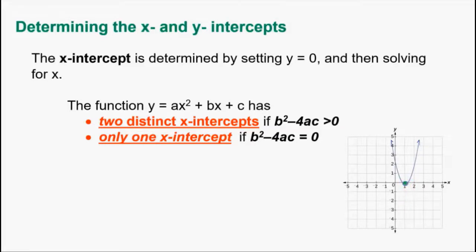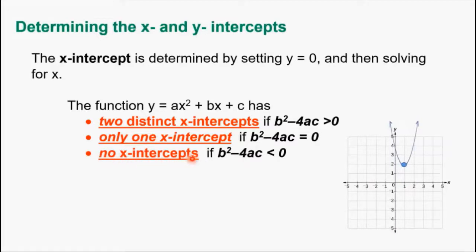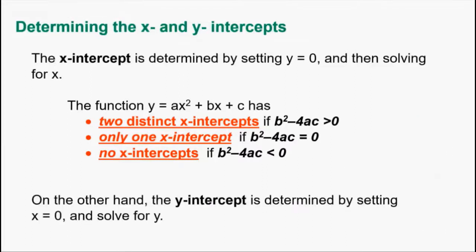It has no x-intercept if b squared minus 4ac is less than 0 o kapag ang discriminant ay negative. Dito sa graph, walang nag-pass through or tumawid dito sa x-axis. Nakaangat ang ating parabola. On the other hand, the y-intercept is determined by setting x is equal to 0 and then solving for y. And that is how we determine the x and y intercepts.